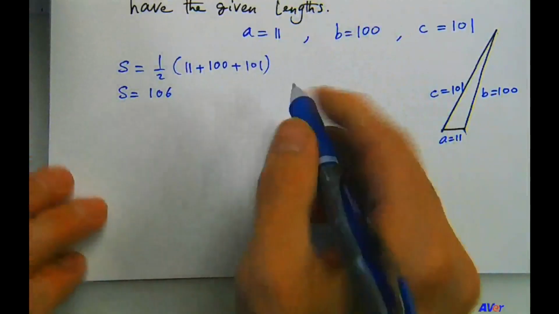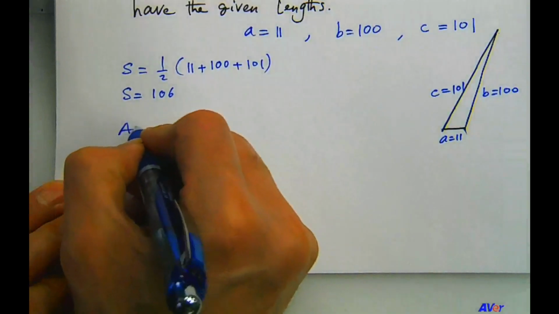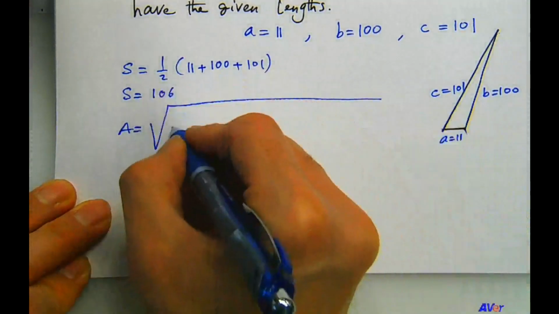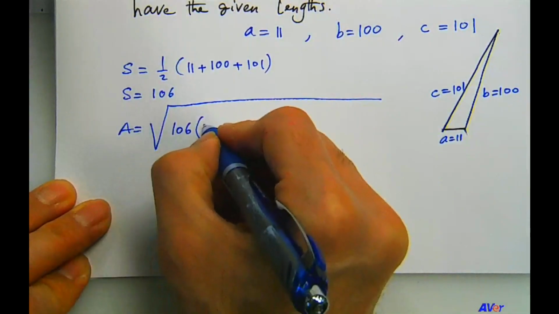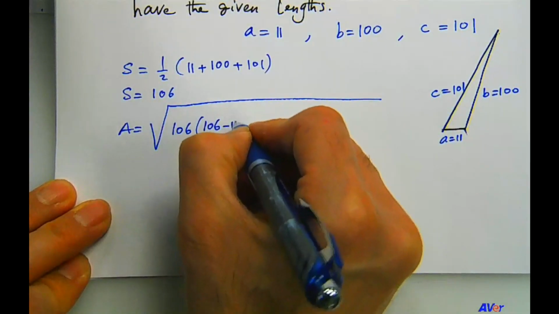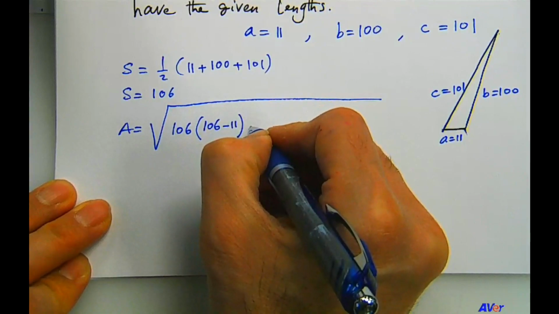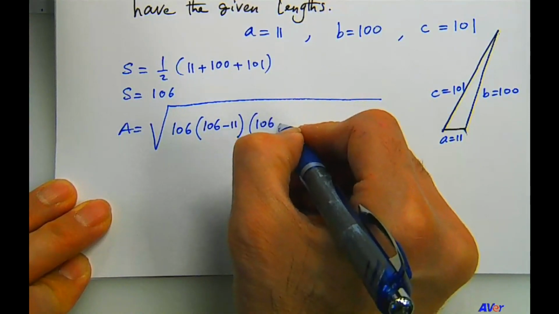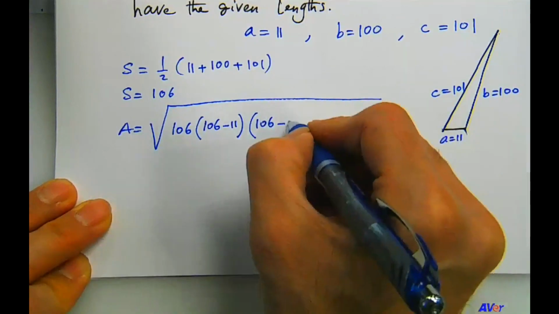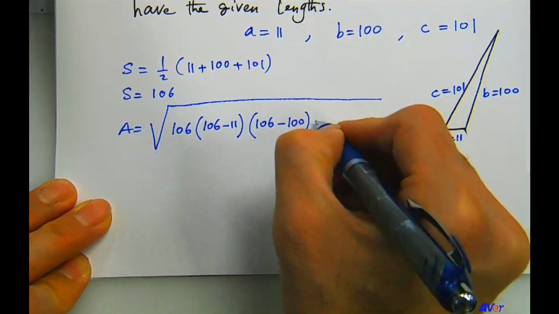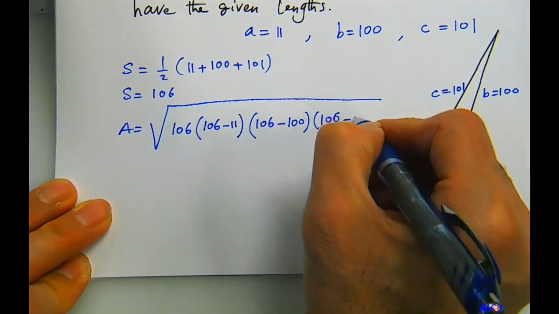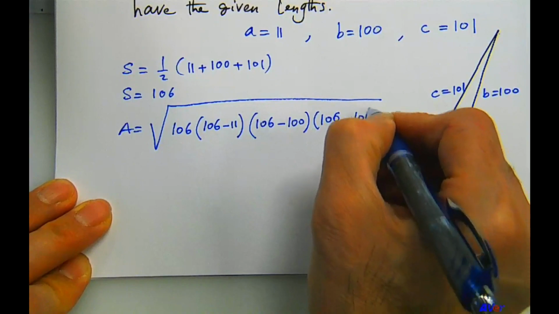So we have A, which is equal to square root of 106 times 106 minus 11 times 106 minus 100 times 106 minus 101.